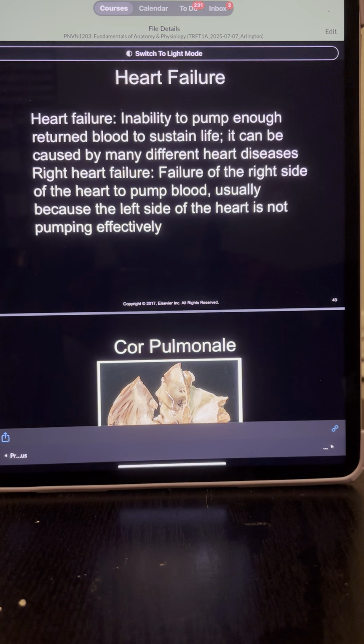That breaks down into sensory and motor, and then that breaks down into parasympathetic and sympathetic. So your parasympathetic relaxes your heart rate, your sympathetic increases your heart rate, increases everything. So your autonomic nervous system can change the rhythm of your heart rate.